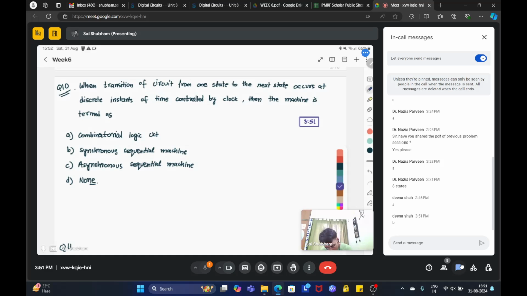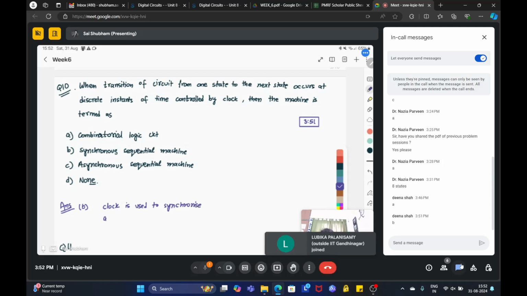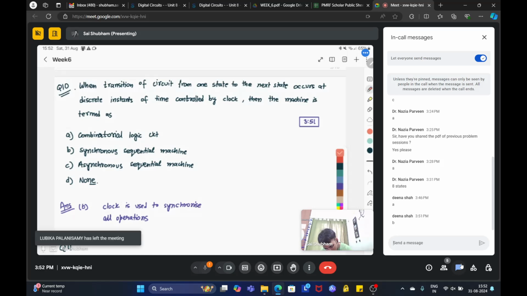So the correct answer is B. So a clock is used to synchronize all operations. Yeah, this is the answer.